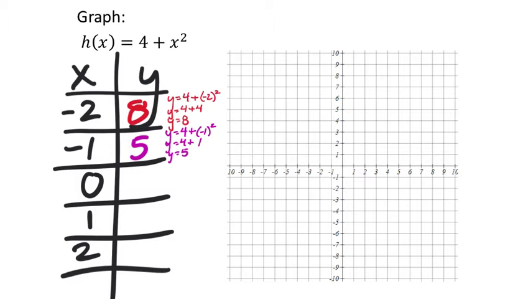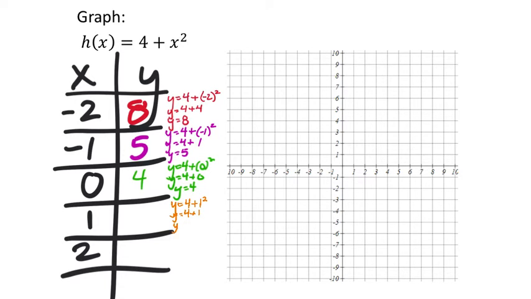All right, well, what about when x is 0? Well, then you get y equals 4 plus 0 times 0, which is 0 still. But y equals 4 plus 0 is 4. Okay, so we have this ordered pair 0, 4. Fair enough. How about when x is 1? That's positive 1. y equals 4 plus 1 squared, 1 times 1, which is 1.